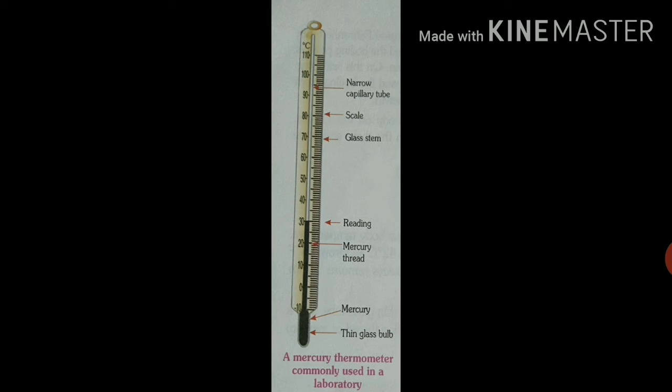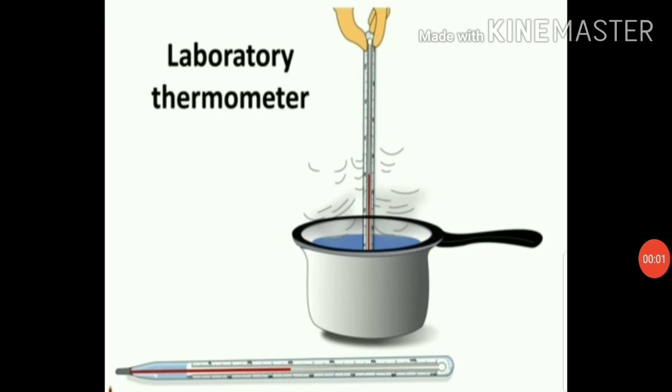Such a thermometer can be safely used for measuring temperature between 0 degrees Celsius and 100 degrees Celsius. So students, we can measure the temperature of water in a laboratory with the help of a laboratory thermometer. So I hope this laboratory thermometer is clear to you.